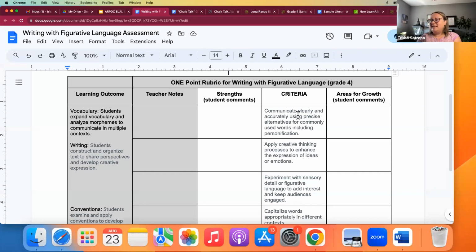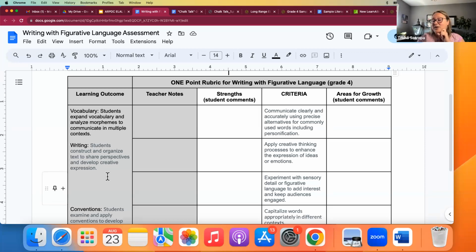So what I want to see in this piece of writing is that they communicated clearly and accurately using precise alternatives for commonly used words, including personification. I wouldn't mark them on this unless I had taught them personification and told them that these are the expectations, right? Nothing in an assessment should be a surprise.